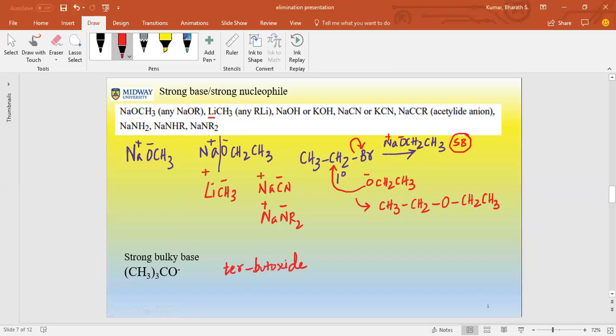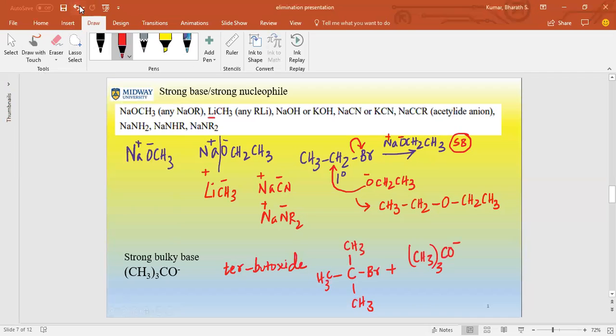So when it reacts with a secondary or tertiary, particularly tertiary carbon substrate, like for instance, this is a tertiary carbon substrate, say this reacts with this, CH3. This is a nucleophile, but this is not just any nucleophile.